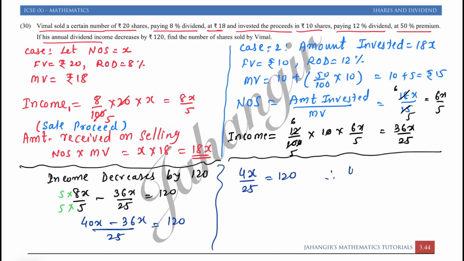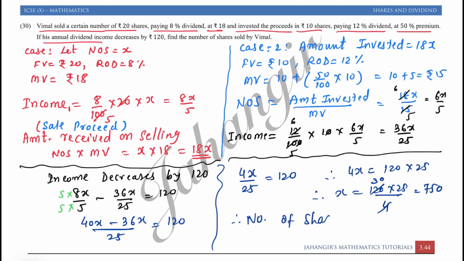Therefore 4x is equal to 120 into 25. Therefore x is equal to 120 into 25 divided by 4. 4 ones are 4, 4 30s are 120, so 30 into 25, that is 750. Therefore the number of shares Vimal holds is 750.